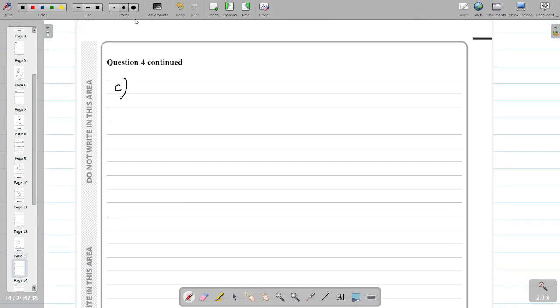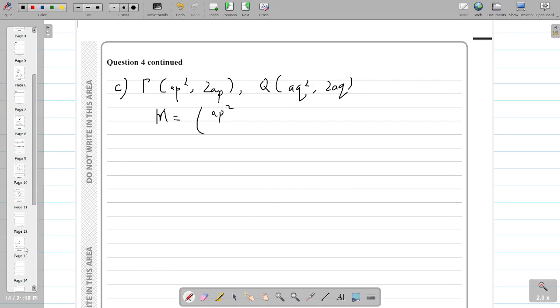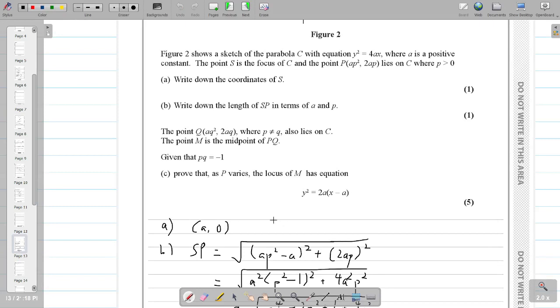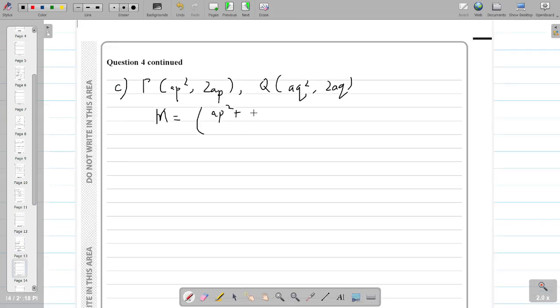So C. So P has these coordinates, which are basically just parametric coordinates for a parabola. Q has these two. And the locus of M is the midpoint of P and Q. So M is equal to, let's double check, yeah, midpoint. So it's this plus this over this, and then this plus this over this.